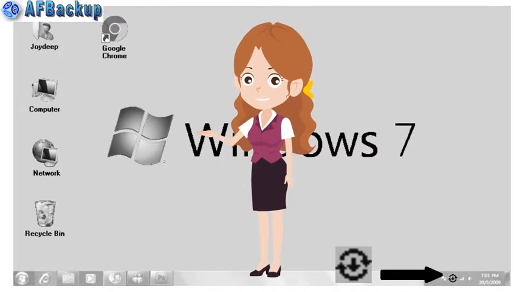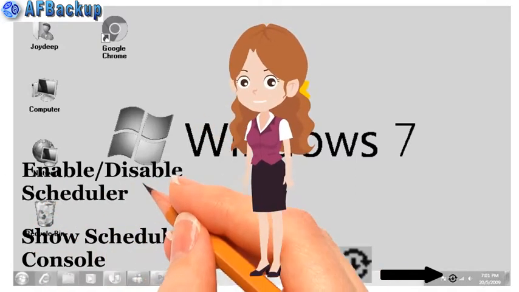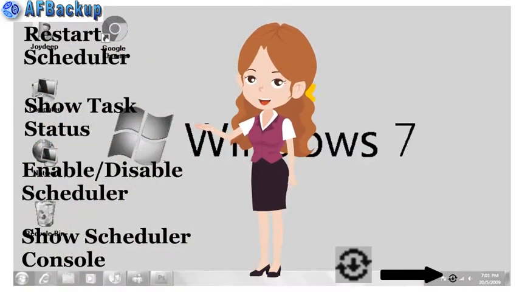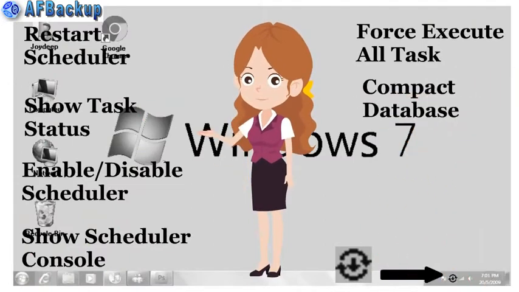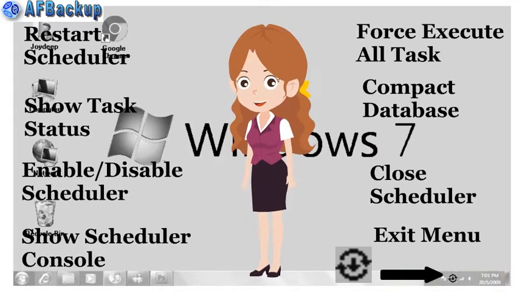The options available in the scheduler menu are Show Scheduler Console, Enable/Disable Scheduler, Show Task Status, Restart Scheduler, Force Execute All Task, Compact Database, Close Scheduler, and Exit Menu.